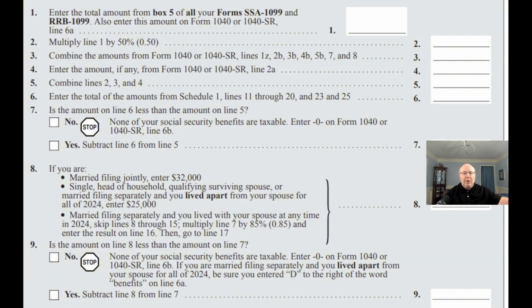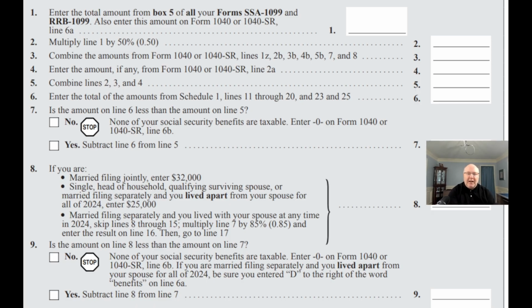Remember when we were talking in the previous video, we said that line 6 is divided into 6A and 6B, and that 6A is the total amount you received? Well, you're going to take line 1 from this worksheet. That's also going to appear on your 1040 line 6A. So the amount from box 5 is going to appear over on your 1040 line 6A.